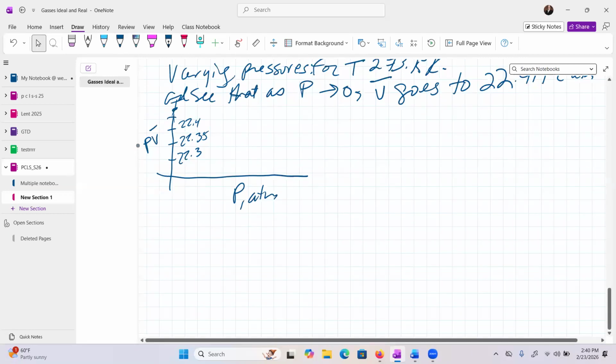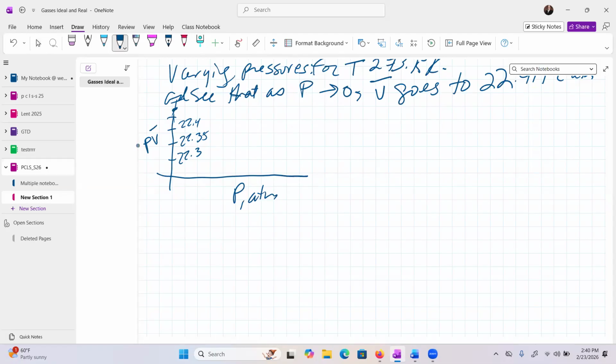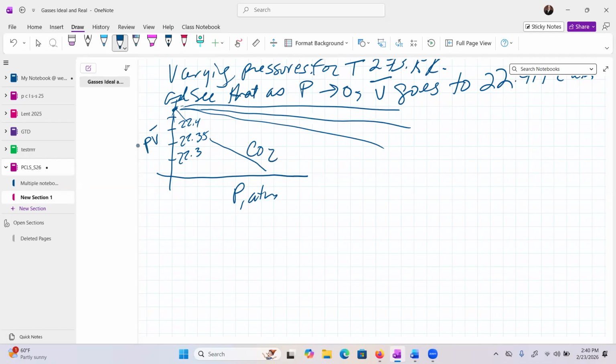So when we make these plots, we're going to get something like this. Now all of them go like this. And again, if you don't like my sketches, you're welcome to have a look at the more professional graph in the supplementary readings. Okay, so CO2 comes out down here. This is nitrogen gas. This is ideal gas.